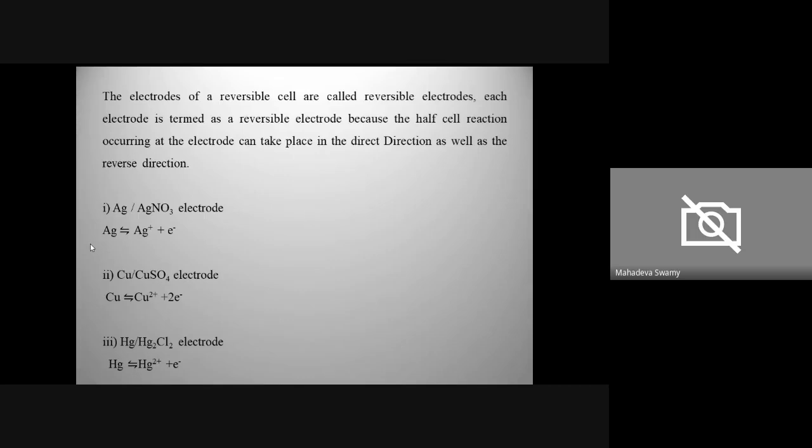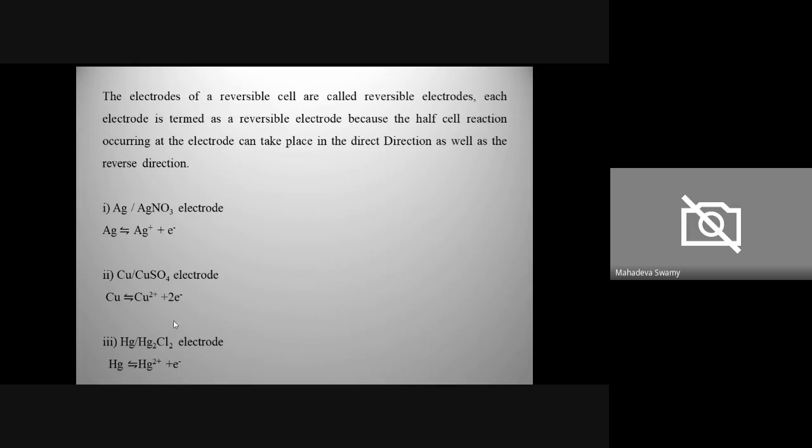Then the second one is metal salt, the copper sulfate electrode. If you apply external EMF to the cell, this reaction is completely reversible. Oxidation, it will show oxidation initially. If you apply external EMF, then it shows a reduction reaction.